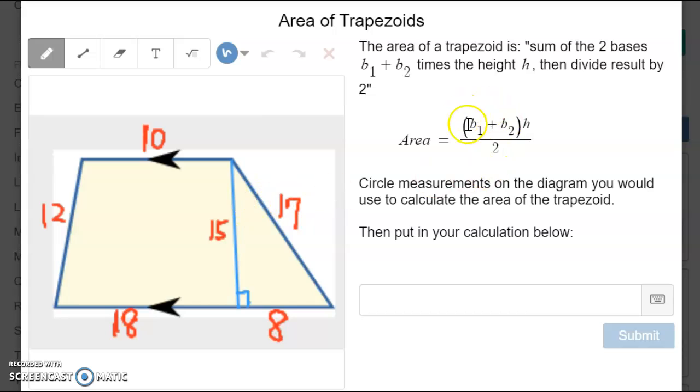So this value times h has to be perpendicular to whichever length you're multiplying. In this case, it will be 15 times 18. Oops, it's saying try again, but this is actually correct. So I'll have to fix that.